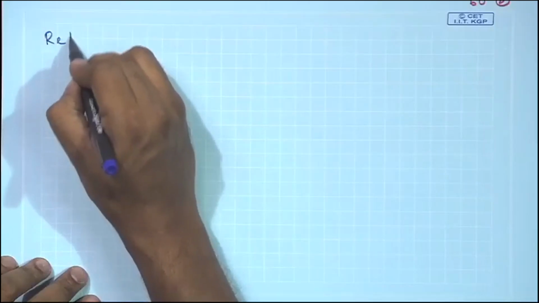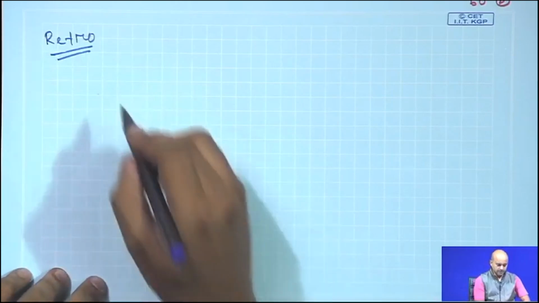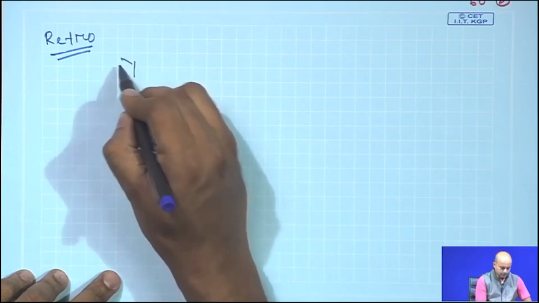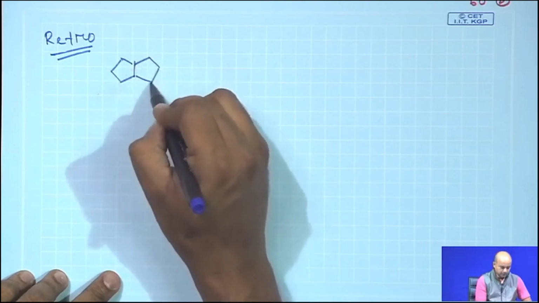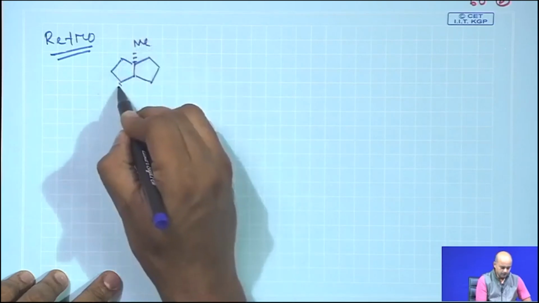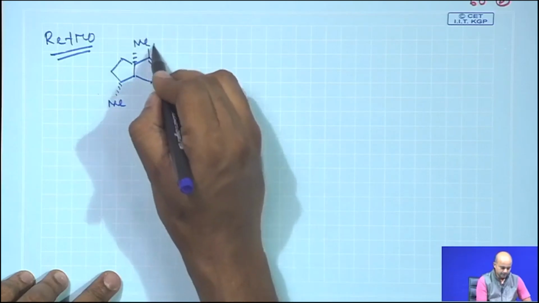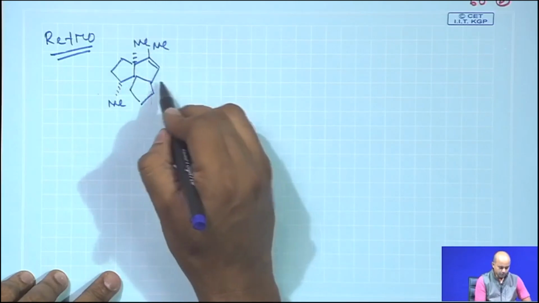So, coming to the initial retro analysis, we first do a mental analysis with the information given to us at this moment. The target we will first write again. The target is complex, it is not an easy target, because there is absolutely no functional group.